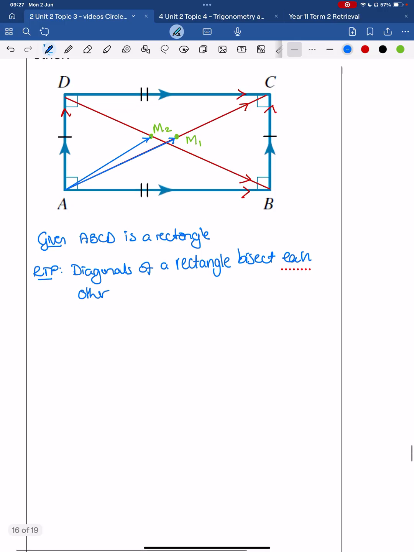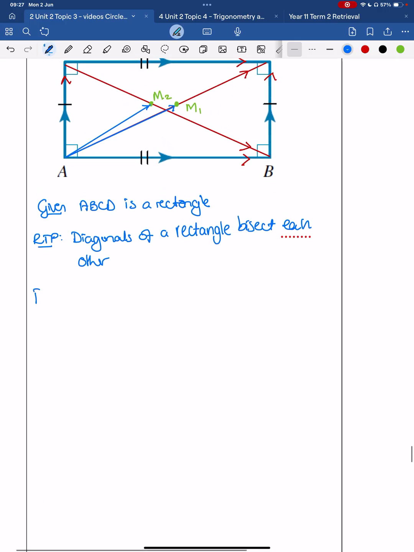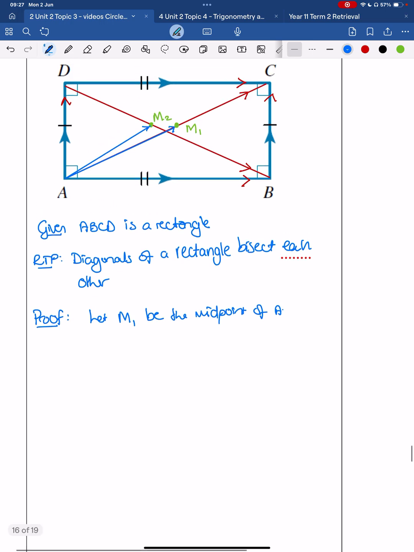Okay, and here's our proof. So we're going to let this point M1 be the midpoint of AC, and we're going to let M2 be the midpoint of DB.